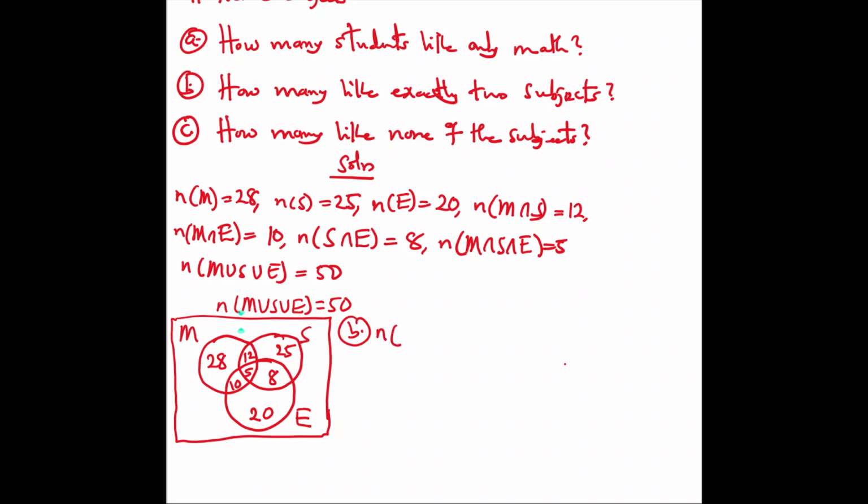So for those who like only maths and science, this is how we denote it. It will be number of M intersection S intersection E prime. So this is what we are looking for.